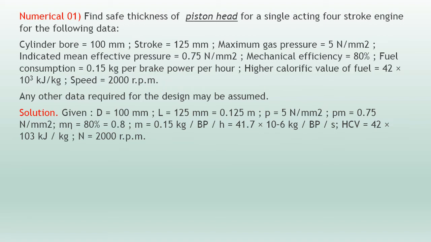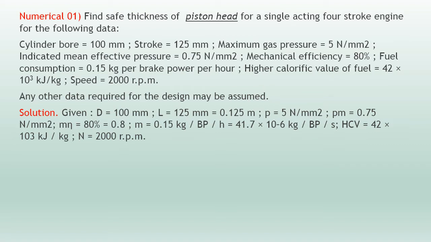We have capital D 100 mm, L, that is stroke is 125 mm. We have to convert it into meter. Why meter? I will tell you in next steps. Okay, then convert into meter 0.125.